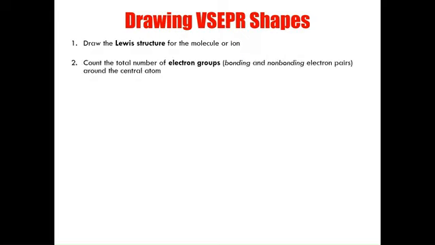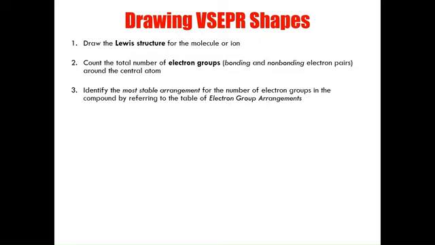There are 5 rules when it comes to drawing VSEPR shapes. The first thing you need to do is draw a Lewis structure for the molecular ion. Second, count the total number of electron groups, bonding and non-bonding electron pairs around the central atom.